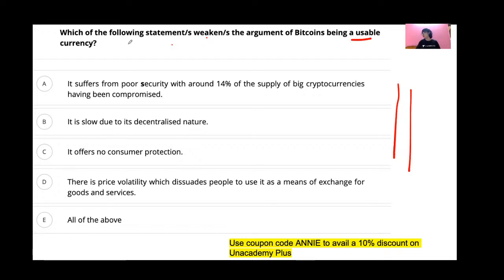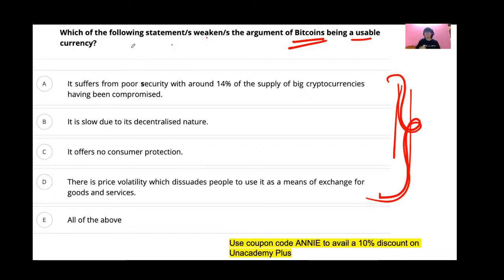Are you understanding the question? These points are not mentioned in your passage. The author wants to ask you which of these points, if true, will make your argument that Bitcoins are a usable currency become false.